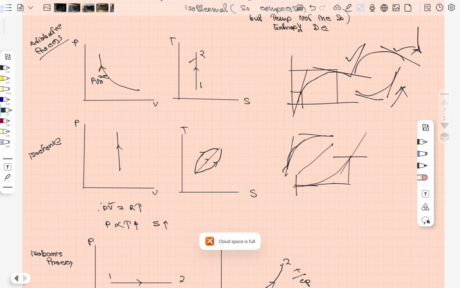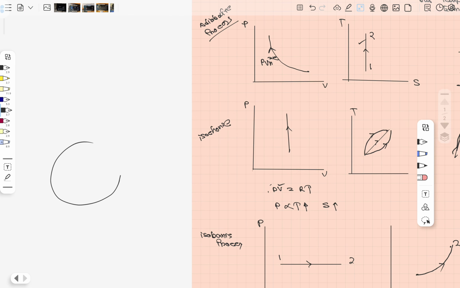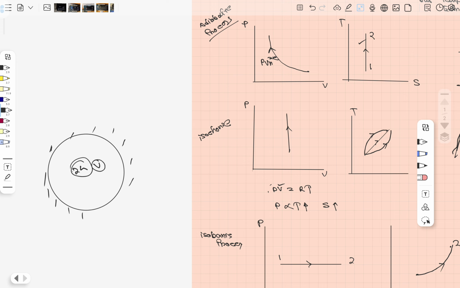So what would happen with the temperature? To maintain a constant volume when we are increasing the pressure, suppose in a container there is a gas, and the volume is constant, so pressure is increasing.